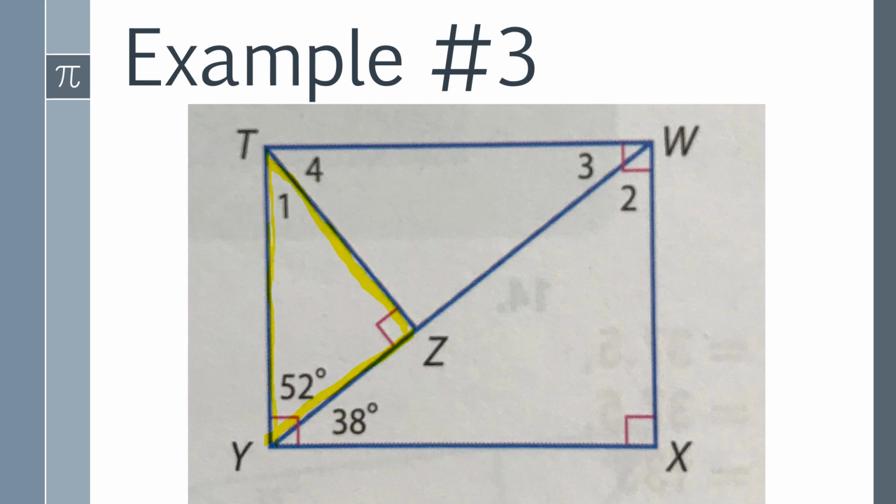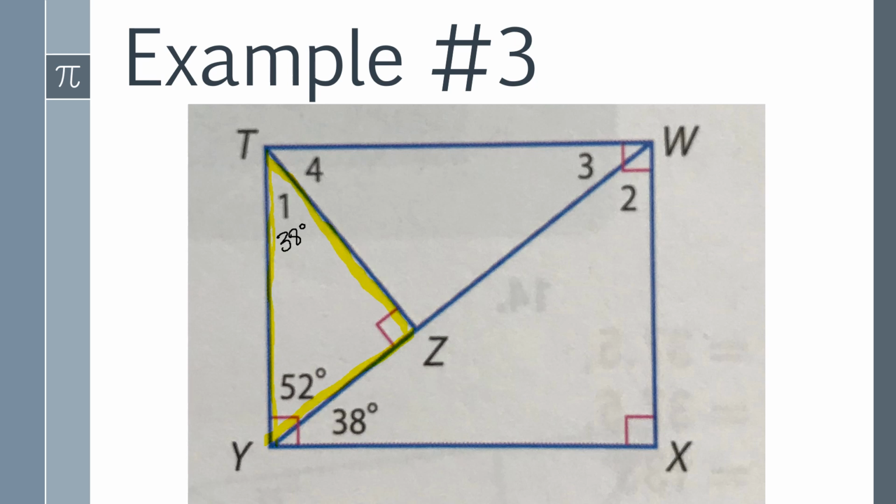And we know that angle 1 plus 52 degrees adds up to 90. So 90 minus 52 is 38. So this angle 1 is going to be 38 degrees, right? Angle 2 and 38 have to add up.